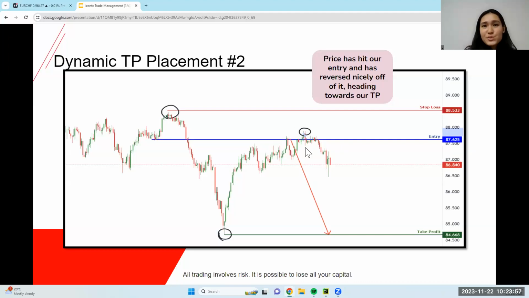So you can often expect price to test levels of significant confluence like we see over here in our entry, and like we've seen in our previous examples as well. You can often see price testing the level before reversing off of it.